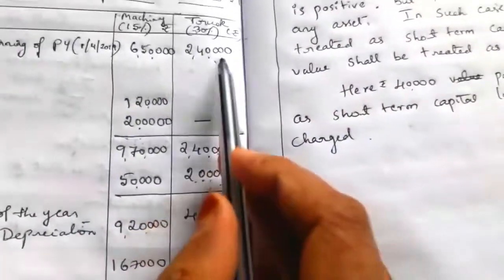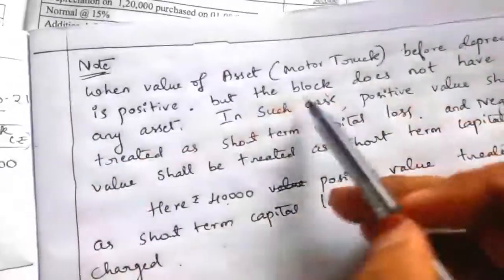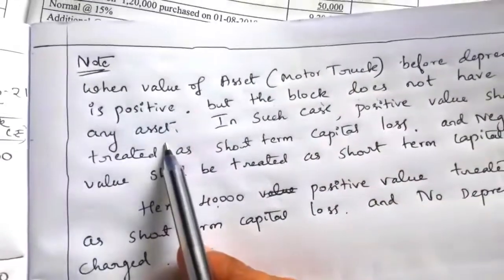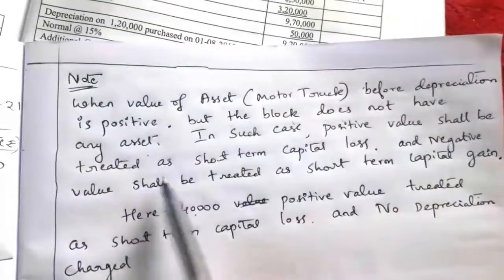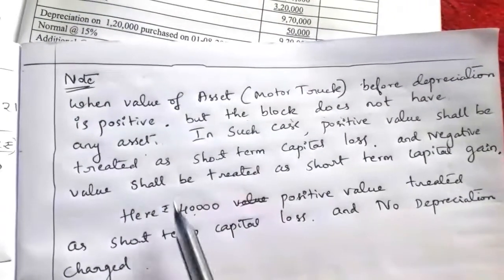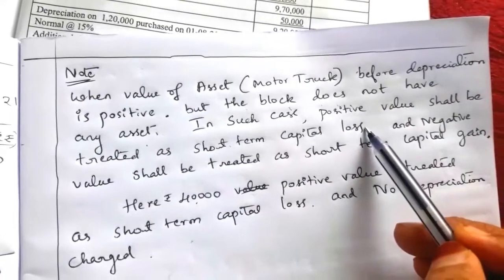We had only one motor truck and it is sold and we got a positive value here. The block does not have any other asset. In such a case, the positive value shall be treated as short-term capital loss. So the positive value we got here, 40,000, is taken as a short-term capital loss.